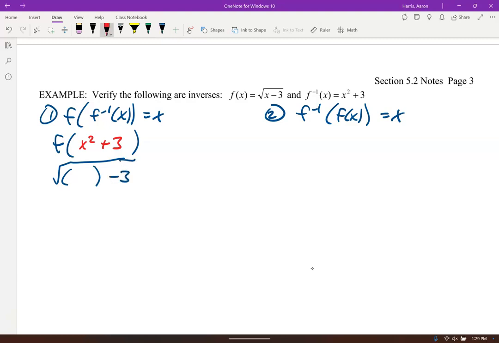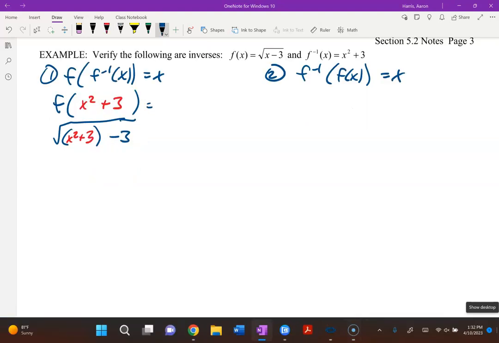And f inverse goes in. x squared plus 3 goes in. Let's see if this works. All right. So we got the square root of x squared plus 3 minus 3. You notice those 3's cancel. So you're just left with the square root of x squared, or x. Does that equal x? Yes, we were trying to see that it equaled the right-hand side. So condition number one, we're okay.